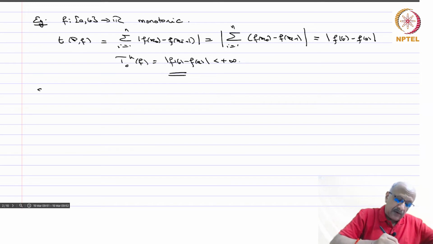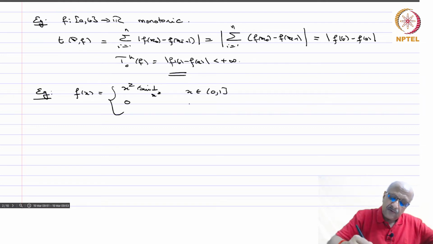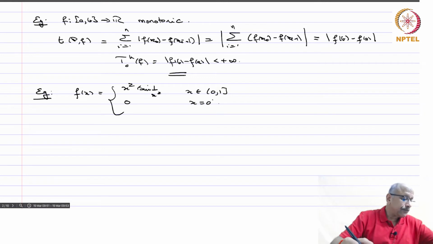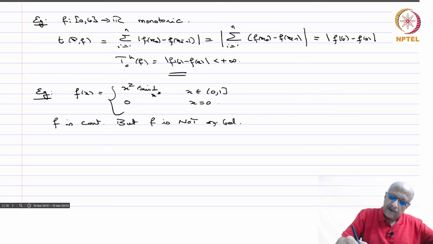So example again, you now take f(x) = x^2 sin(1/x^2) for x belonging to (0, 1] and 0 for x = 0. Then f is a continuous function, but f is not of bounded variation.